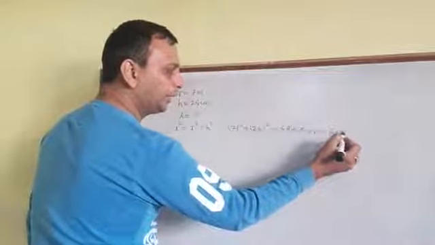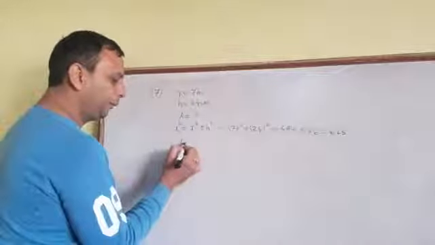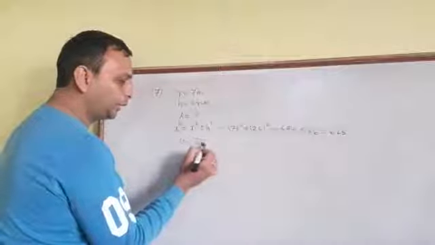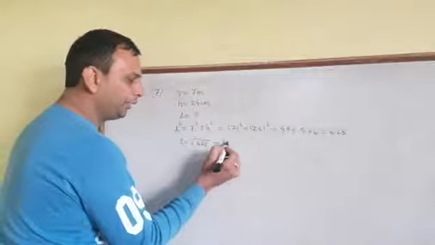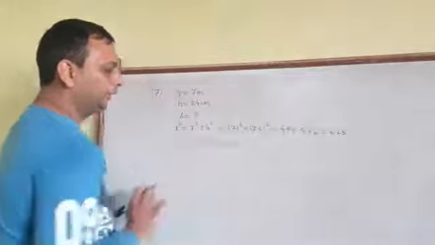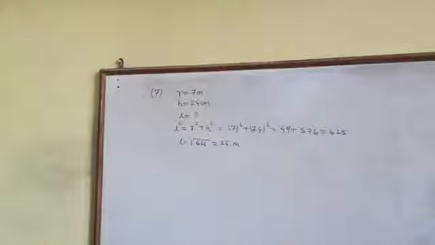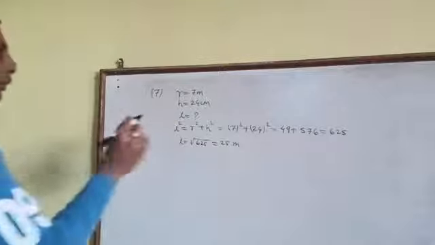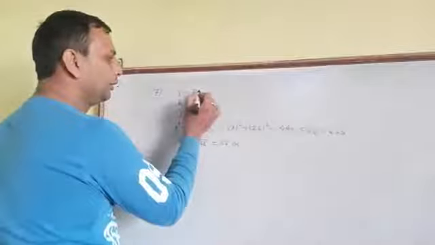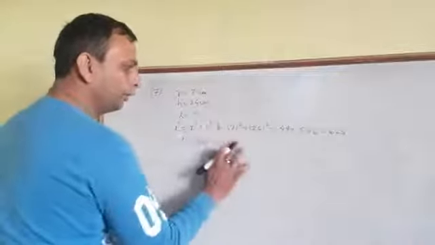It will be 625. So l will be the square root of 625, and the answer will be 25. Both are in centimeter, so this will also be in centimeter.